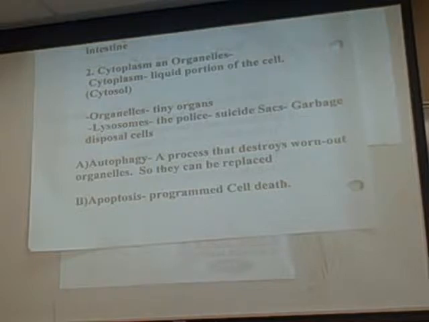Autophagy is a process that destroys worn out organelles so they can be replaced. Apoptosis is programmed cell death. In other words, your cells are programmed to live for so long, then they're going to die. They've done tons of research on this. We can't change that genetics. You're going to age, you're going to get old, and you're going to die. That's what all the research says.